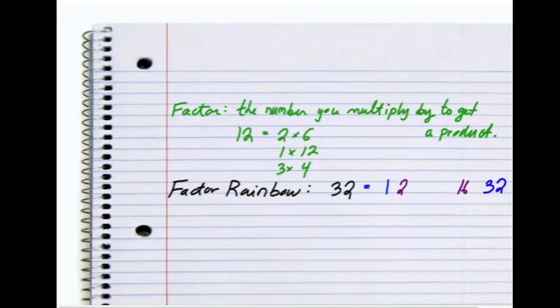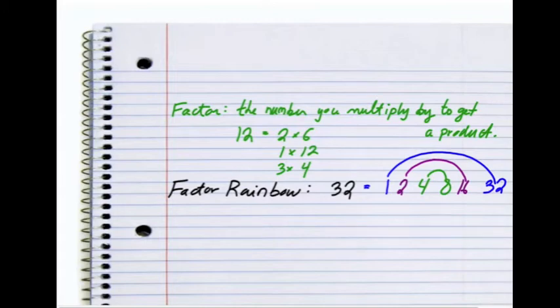The next factor of 32 that I know is 4, and its pair is 8. Between the numbers 4 and 8 are only 5, 6, and 7. None of those numbers are factors of 32, so I can complete my factor rainbow. See? And I know that I have all the factors of 32 listed there.